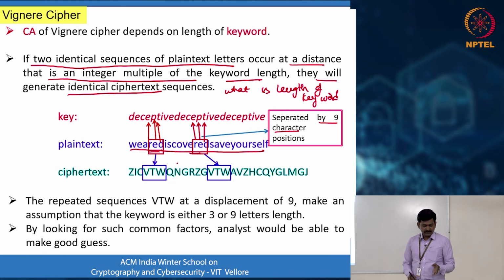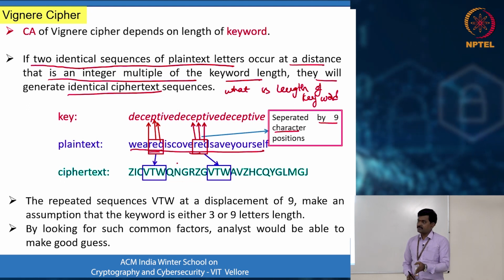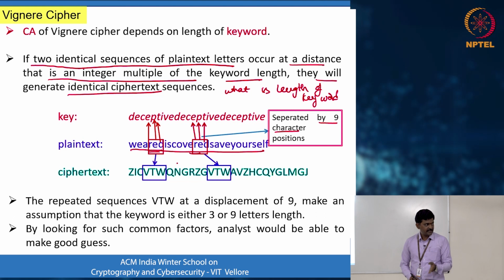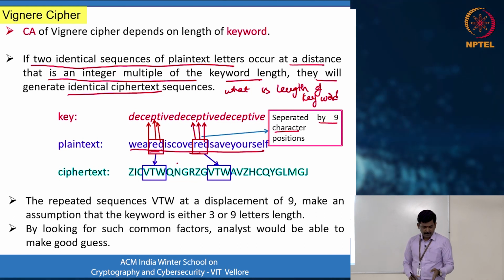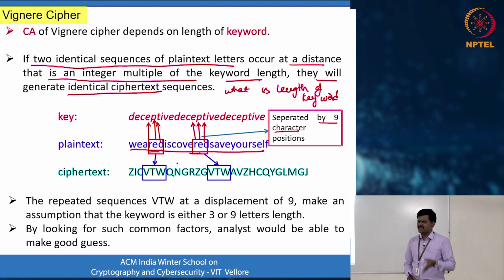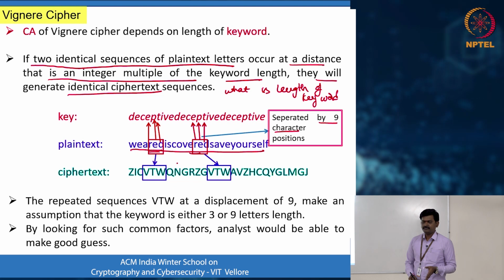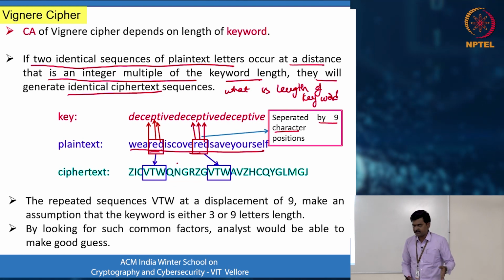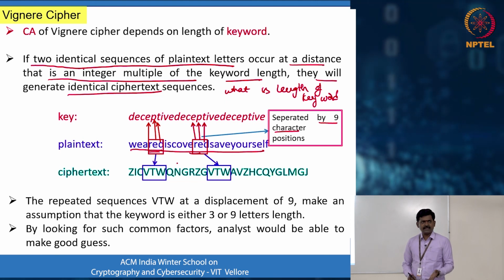The condition is, if two identical sequences of the plain text occur at an integer multiple, in this case the integer is 1, of the keyword length, if that happens. But still it is a vulnerability, right? Does it mean that this condition will not be satisfied? No, this is a fair example.